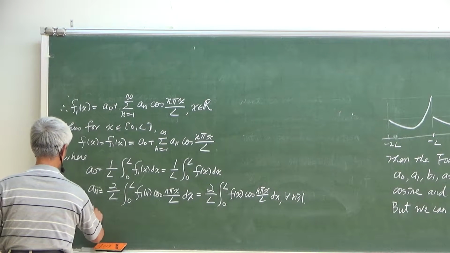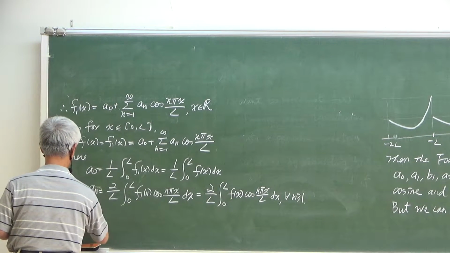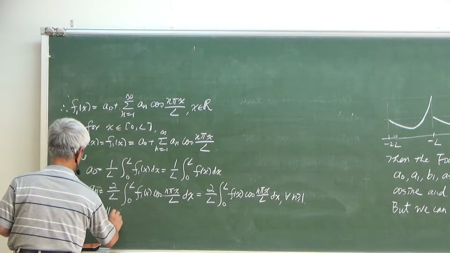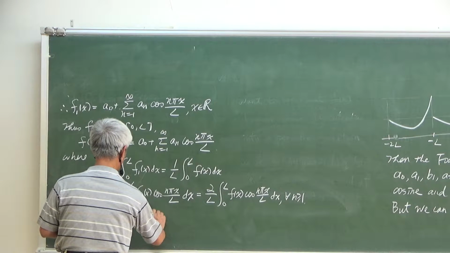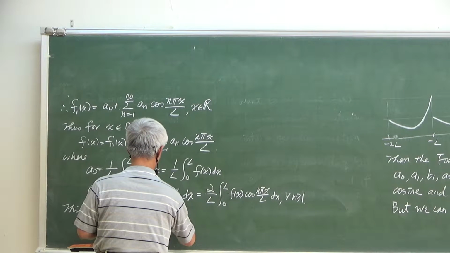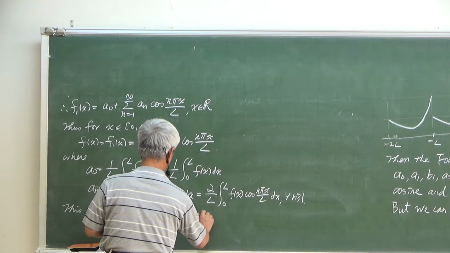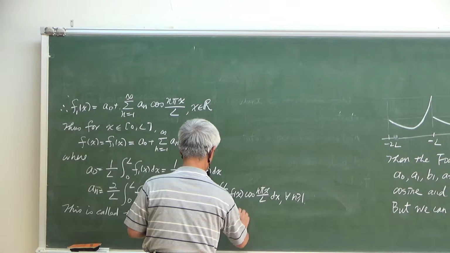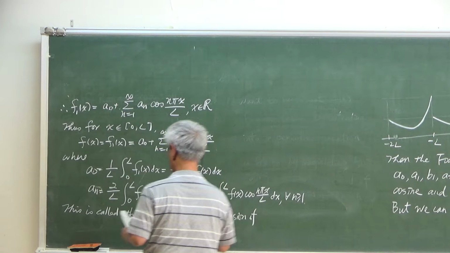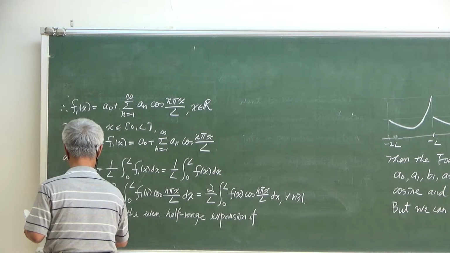So this is called the even half-range extension of f of x.